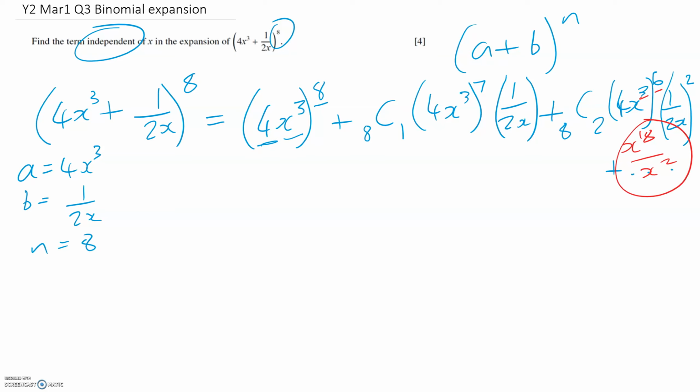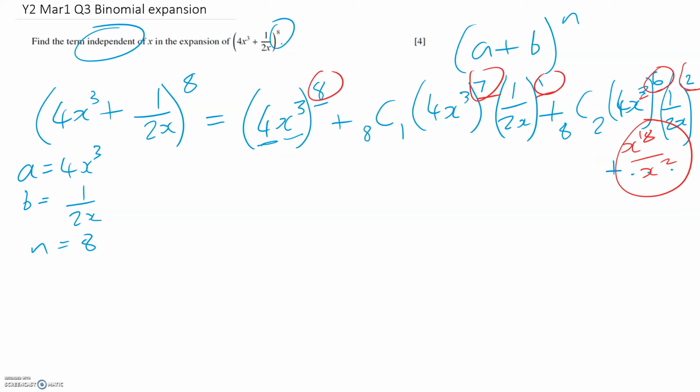So the term we want where the x is going to cancel is going to be very near towards the end of this expansion. Just having a guess as to which term we need, you can see that these powers here always add up to 8. Okay, so 6 add 2 is 8, 7 add 1 is 8, and we've got an 8 here.